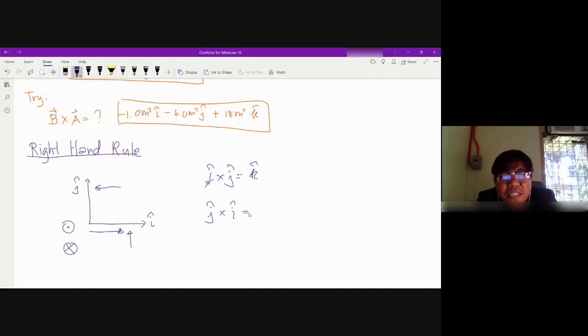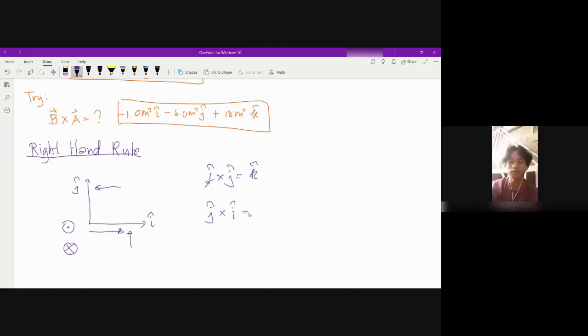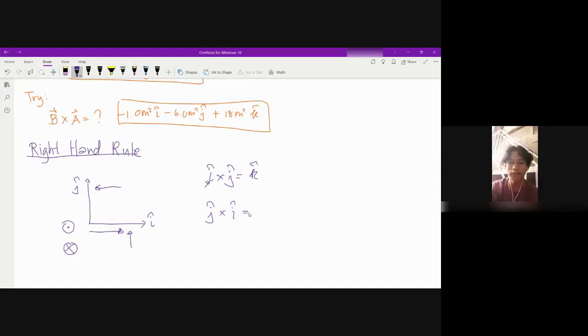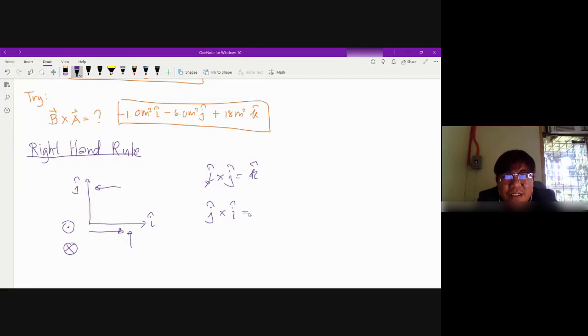Sige, ang four fingers, asa ganing dapit ang four fingers, i-point nimo siya sa... Bali, ang gusto nako ipabuhat karon sa imo Adam is i-perform lang ang right hand rule aning J hat cross I hat.